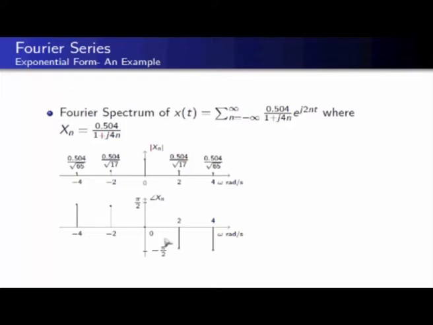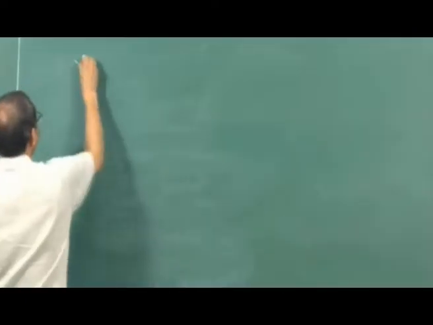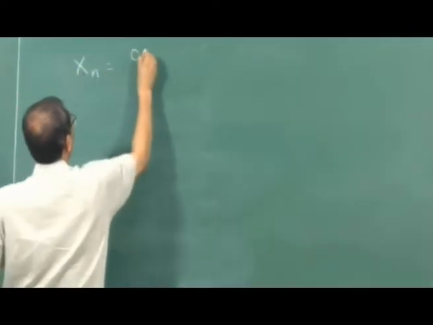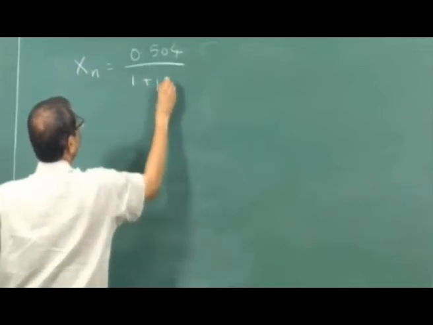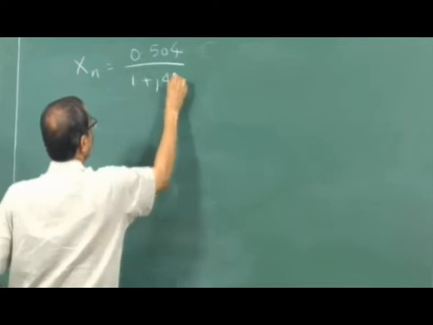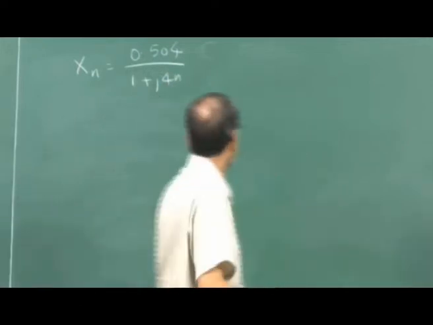So below I have shown two sketches, one for the magnitude of xn, because xn is complex. So I have xn as 0.504 by 1 plus j 4n. Is it 4n? Yes, 4n, right?